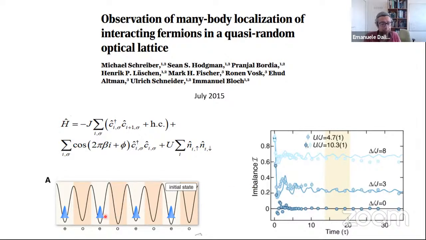The fact that the imbalance remains finite means that each particle delocalizes a little bit, but it is still sort of localized around the initial state. If each particle remains close to the initial state, then there will always be some higher probability of finding a particle on an even than on an odd site.